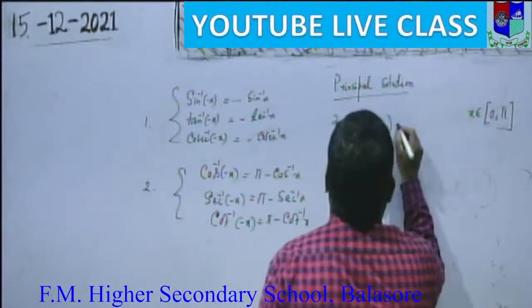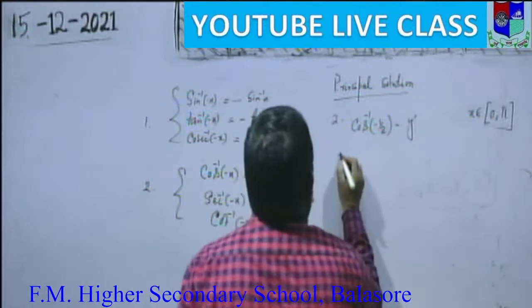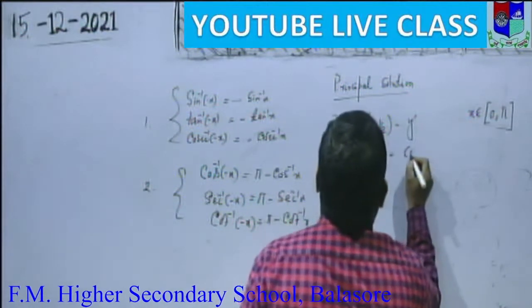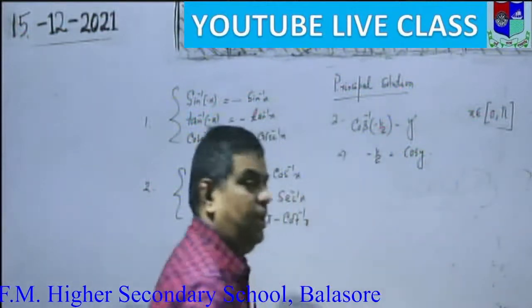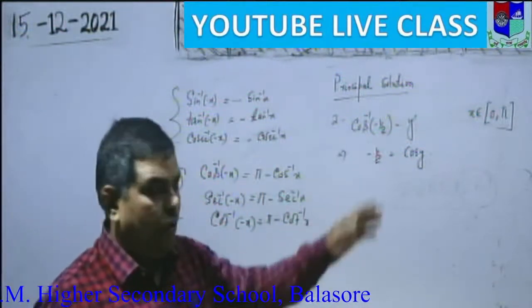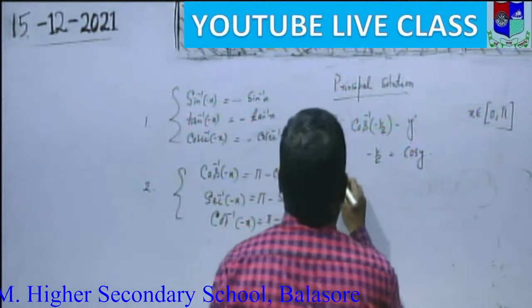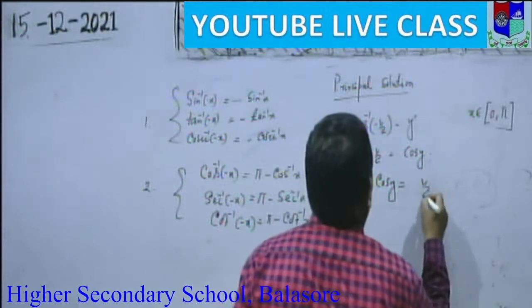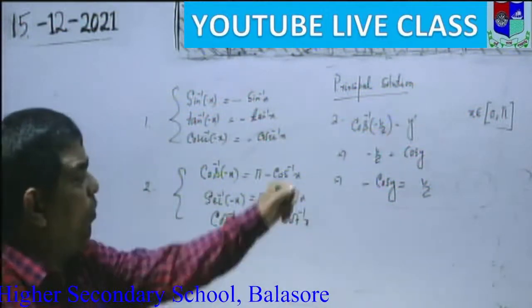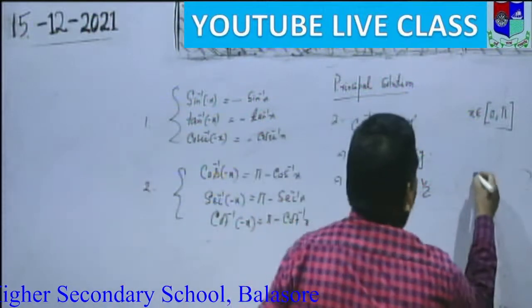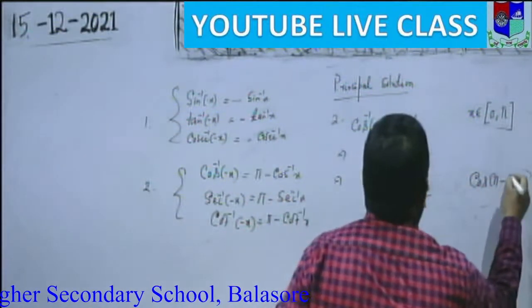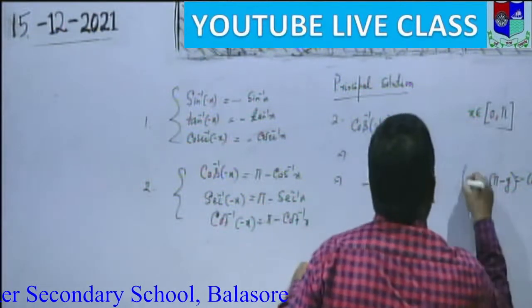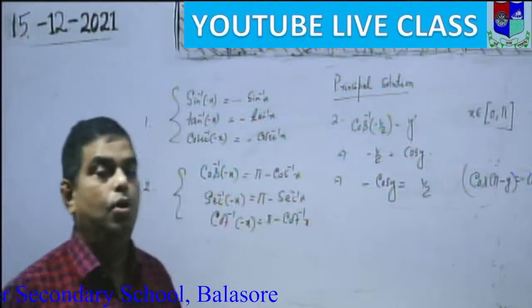Let cos inverse minus 1 by 2 be y. This implies minus 1 by 2 is equal to cos y using the definition of inverse. Now this implies minus cos y is equal to half. But from the theory of trigonometry, cos of 180 minus y is equal to minus cos y. This is the theory already we know.